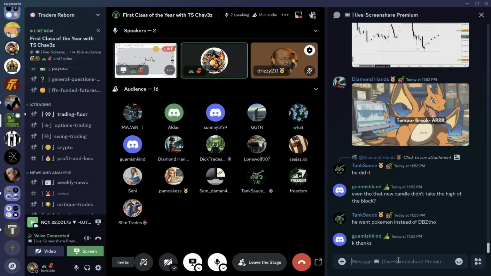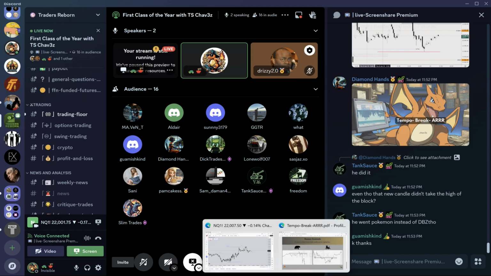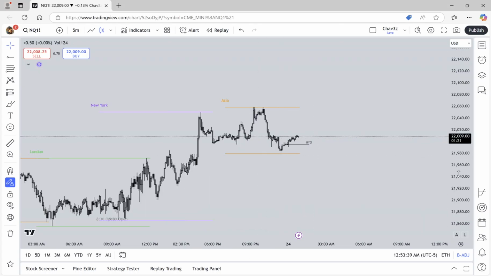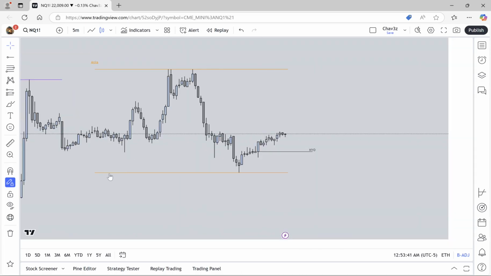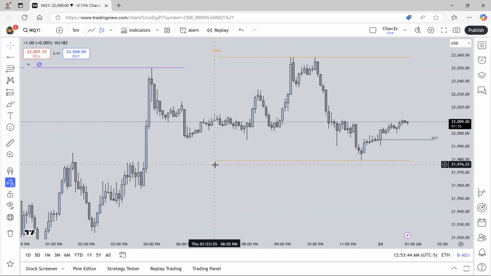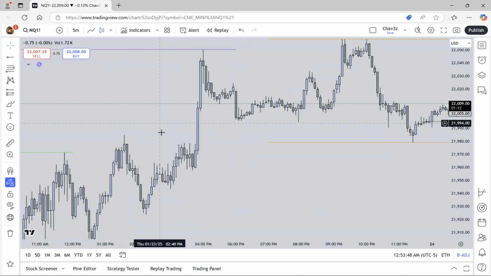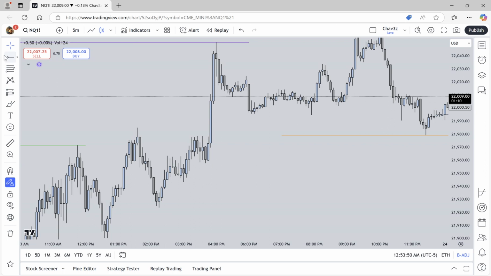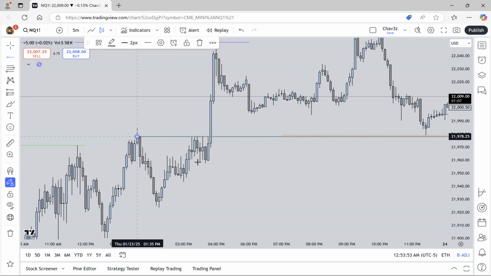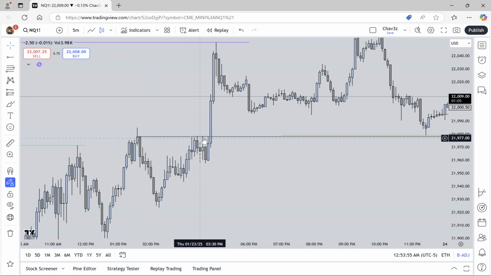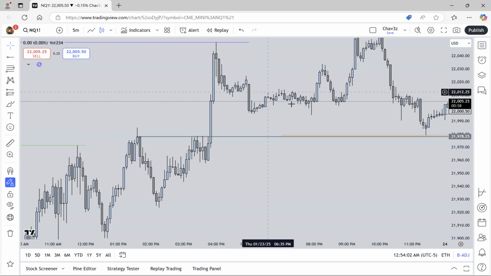Rejecting the wick is what a lot of people look for, but we want to see it reject the body. The rejection of the body helps you identify that price is not going to continue. The wick is cool, but really what we reject is the body. What are the wicks rejecting? They're rejecting the body. But once we get a strong close above the body, then we can remain bullish.